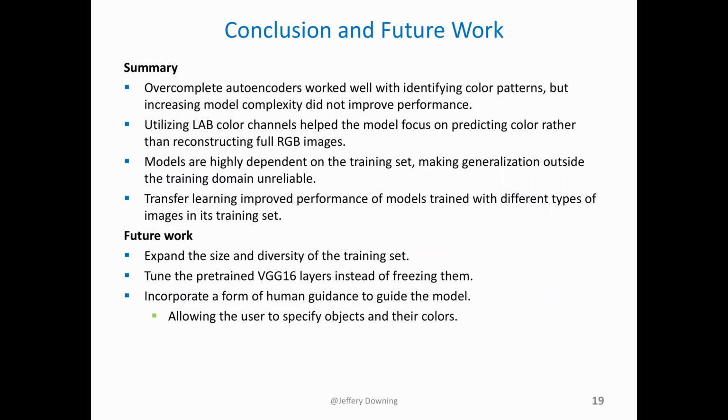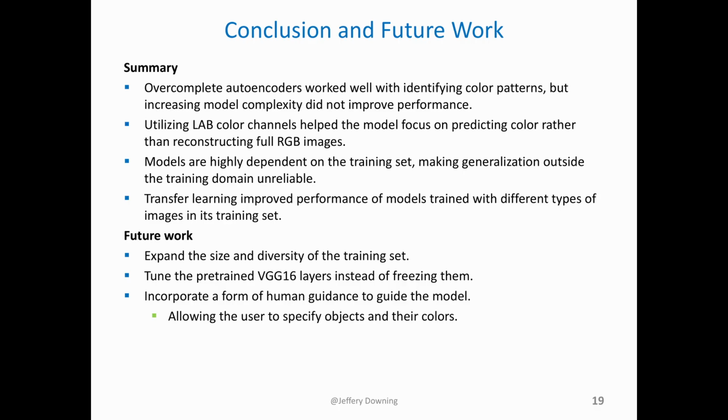So in conclusion, here are some things that I learned throughout my journey. An overcomplete autoencoder works well with identifying color patterns, but increasing model complexity might not necessarily improve the performance. Utilizing the LAB color channel helped the model focus on predicting just the colors as opposed to having the model have to reconstruct RGB images.